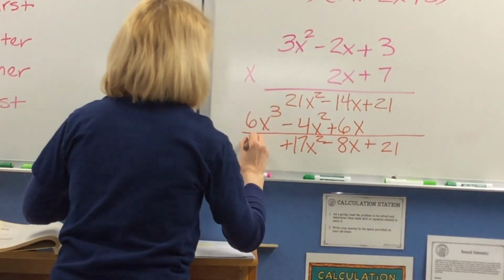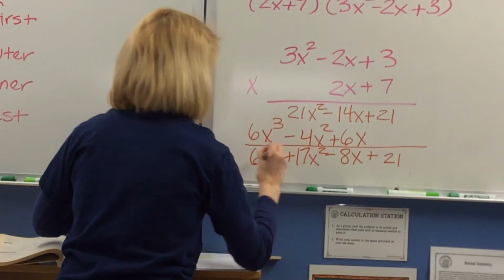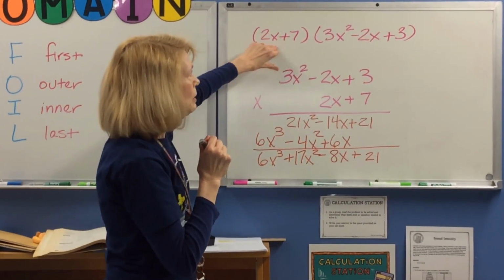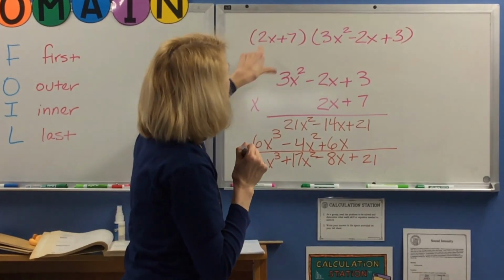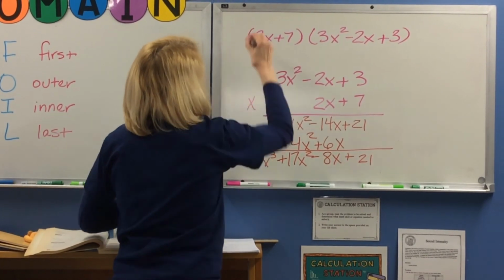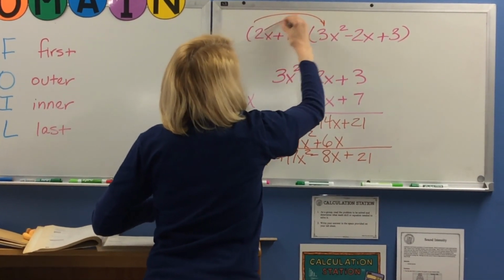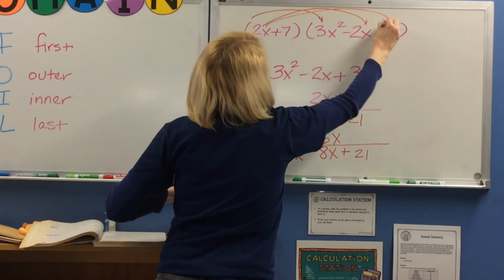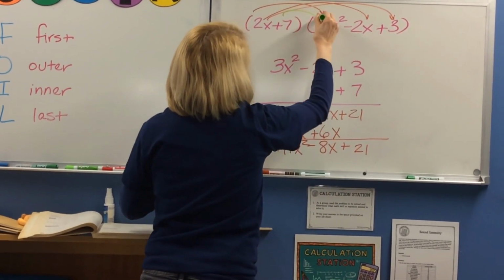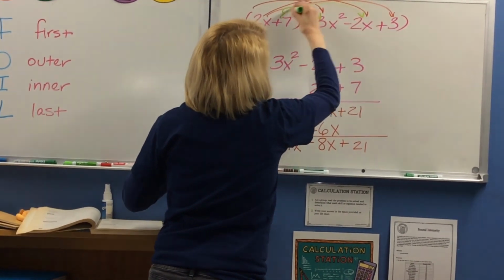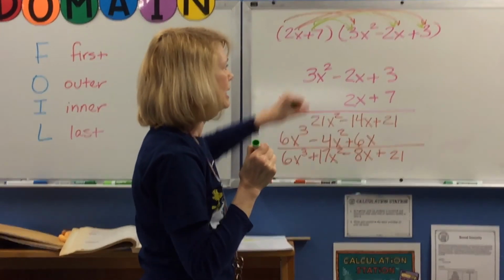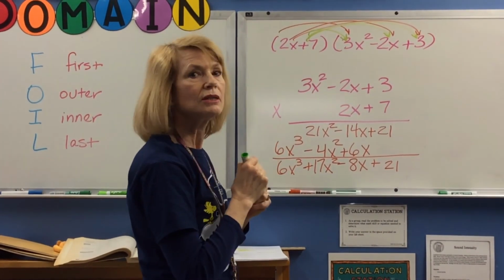And then I have my 6x to the third power. Okay, so when you multiply a binomial times a trinomial, you're just multiplying. You can do it like that. You can just distribute if you want to, and then distribute your 7 and multiply and add everything together. But this way is a little bit faster.